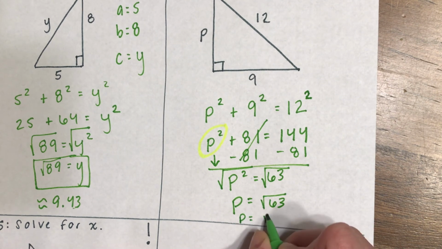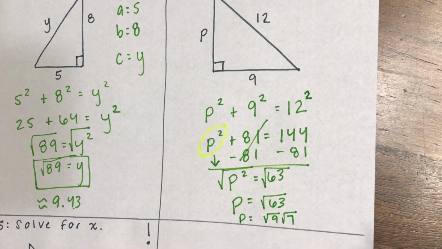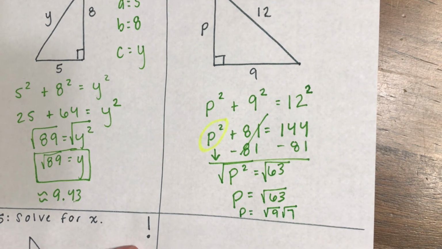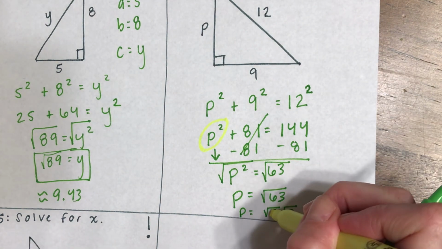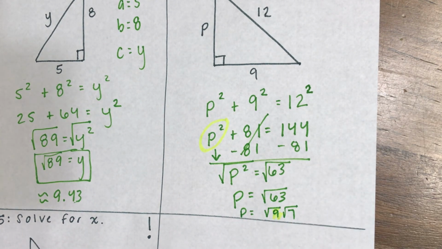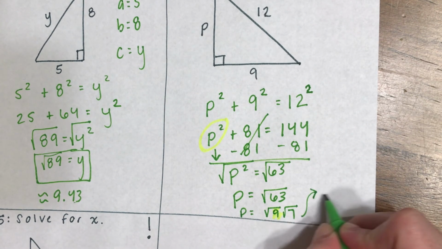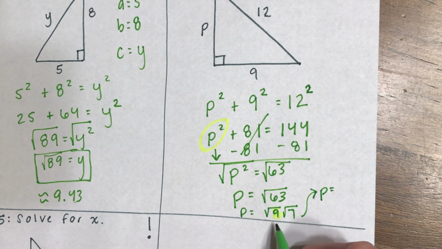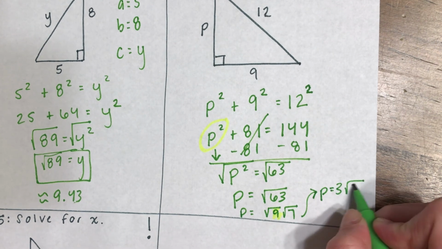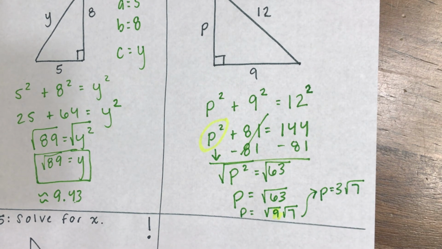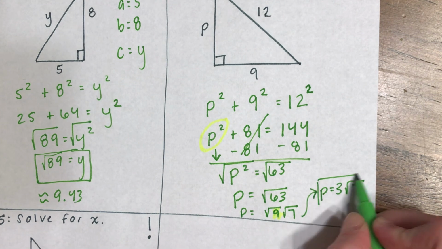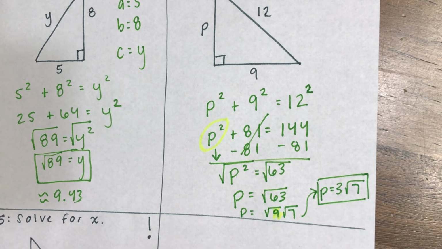So we are going to rewrite this as the square root of 9 times the square root of 7, okay? Remember, if that number is divisible by a perfect square, you have to break it apart, okay? So when I do that, square root of 9 becomes 3, and then square root of 7 cannot be simplified, okay? So this would be my final answer, okay?